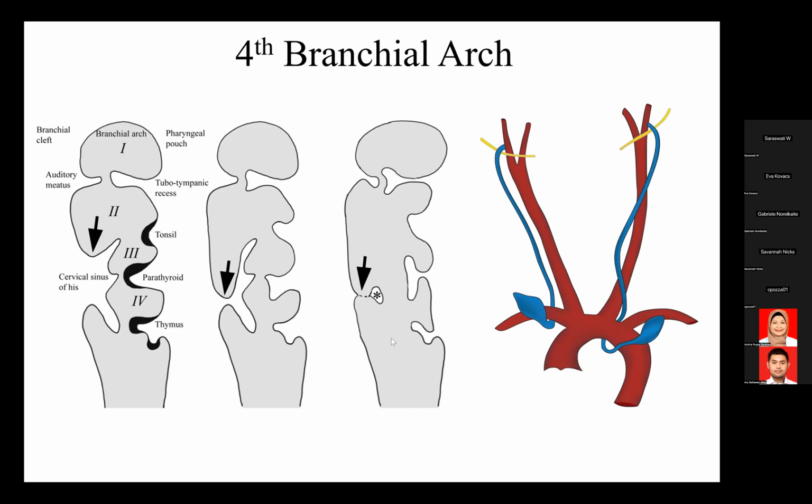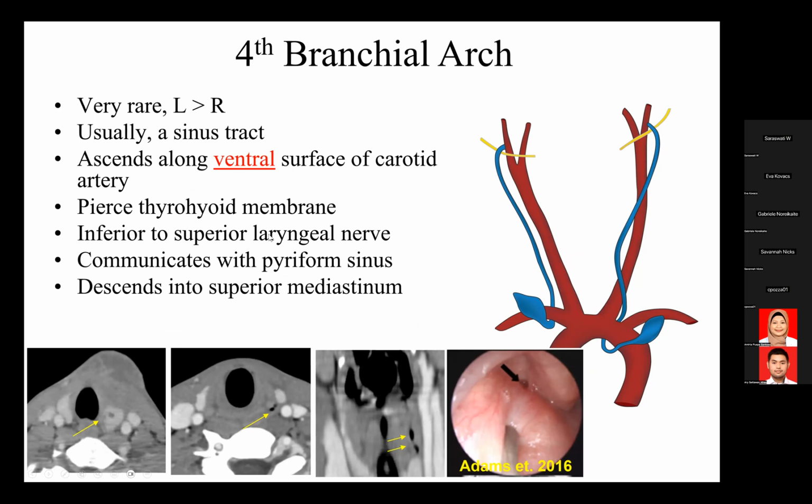Now, as I mentioned before, once this cervical sinus closes up, you could have something coming from the third, or you could have something coming from the fourth. So how do we determine this embryology? Well, remember the fourth branchial arch is associated with the recurrent laryngeal nerve.